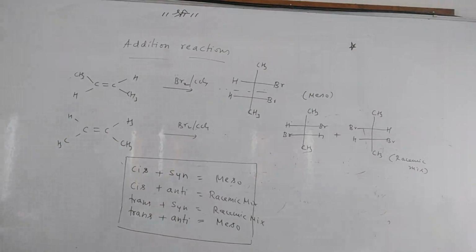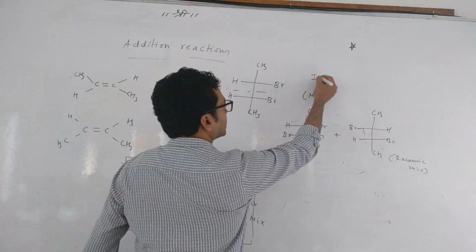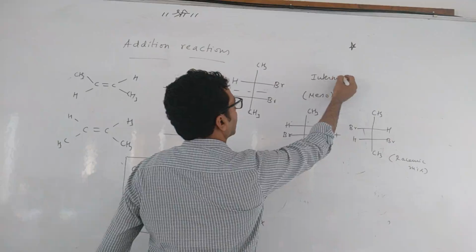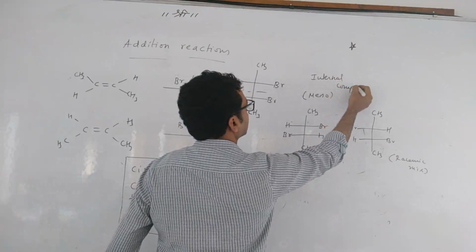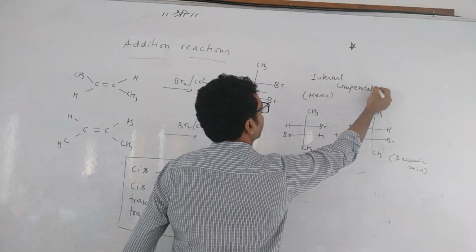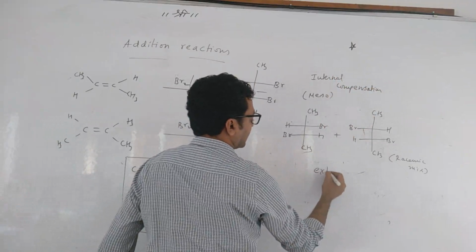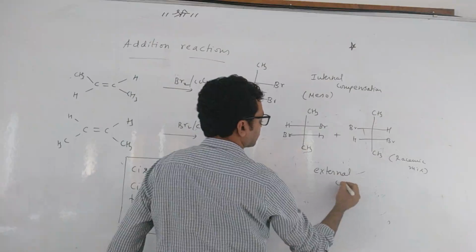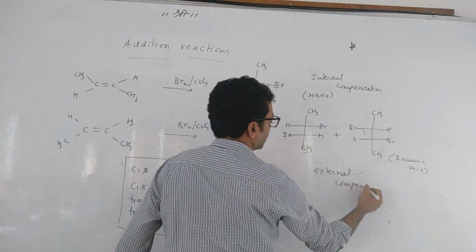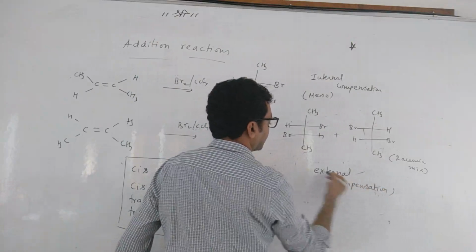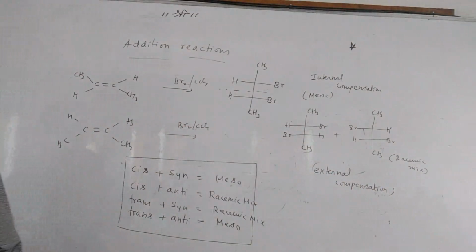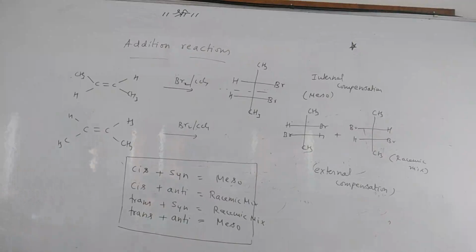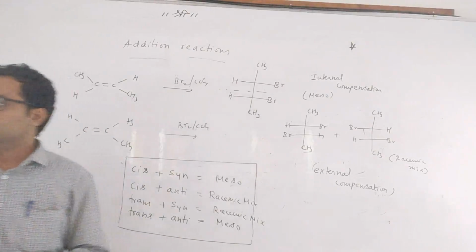The reason is different. Here internal compensation takes place, because of that it is optically inactive. Here external compensation takes place. Can anyone say what is internal compensation and external compensation? Anyone? Don't know. See, one molecule is there.